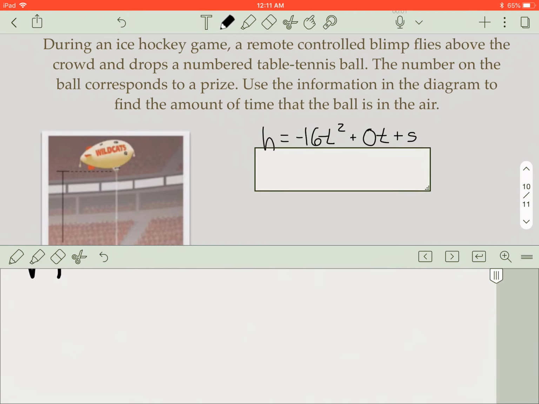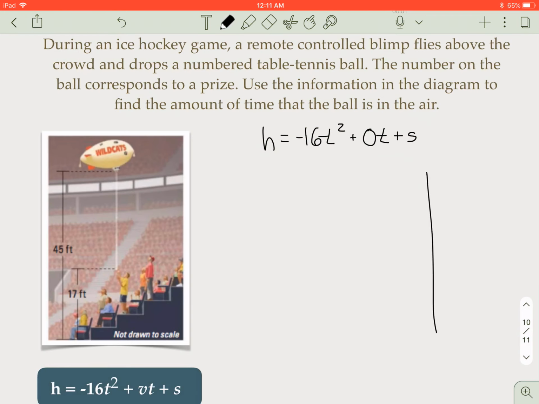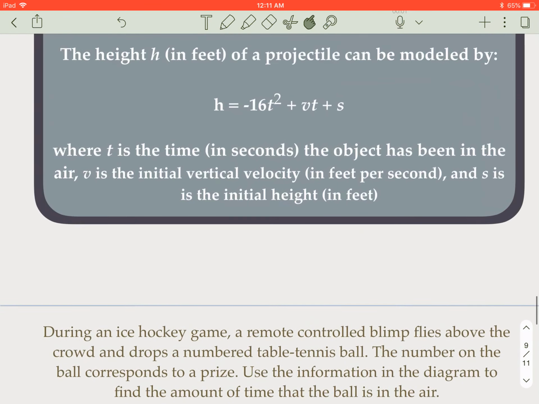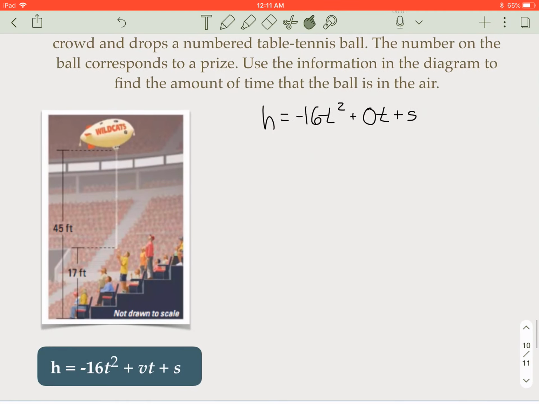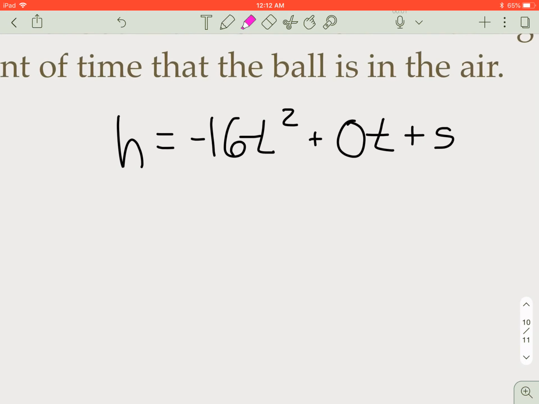All right, now that we have that, we have to plug in our information. Remember, h is the height of the projectile, its resting spot. So we're going to start with, when we catch the ball, it is going to be 17 feet above the ground.